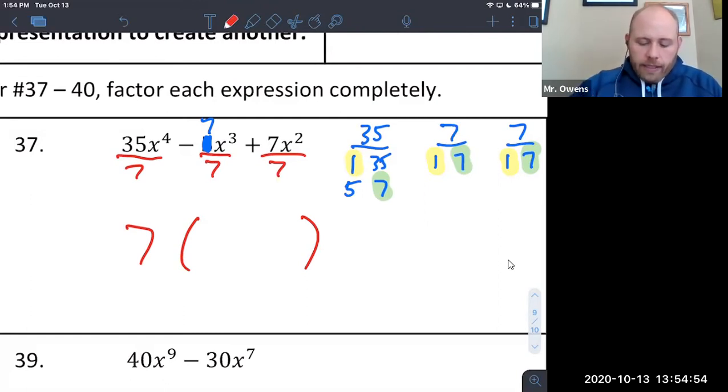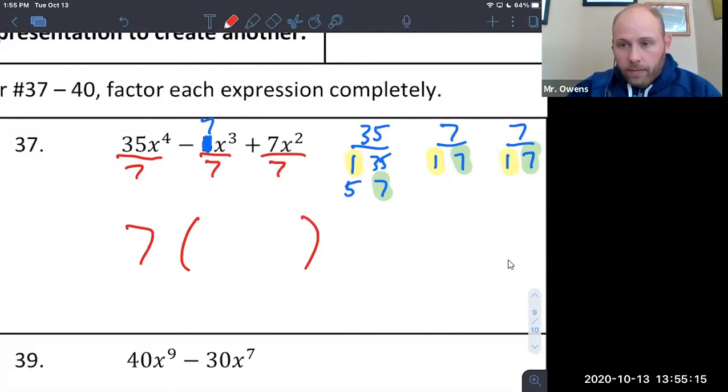And then I look at the variables. The x to the 4th means I have 4 x's there: x times x times x times x. X to the 3rd, 3 of them: x times x times x. And then x squared is x times x.